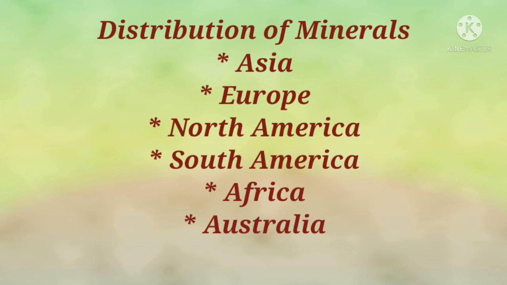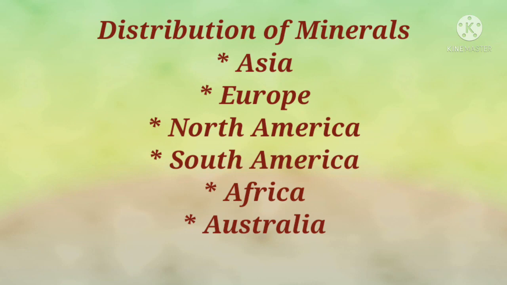Major countries having large iron ore deposits are China and India in Asia. Asia produces over half of the total tin production in the world. China, Malaysia, and Indonesia are among the world's leading tin producers.